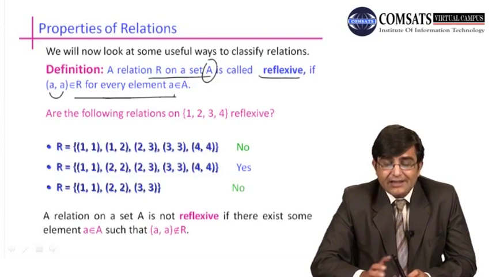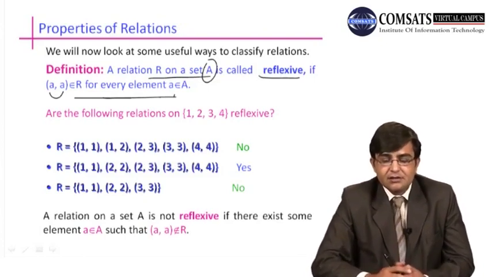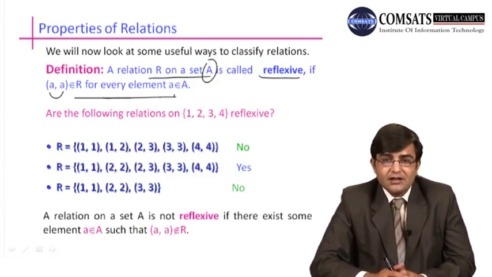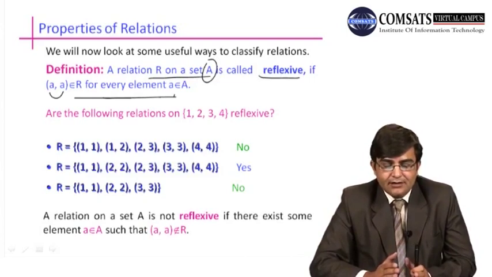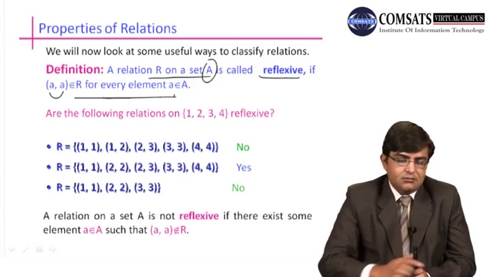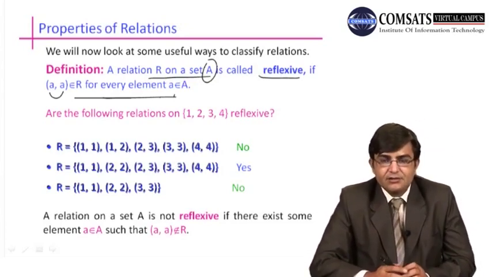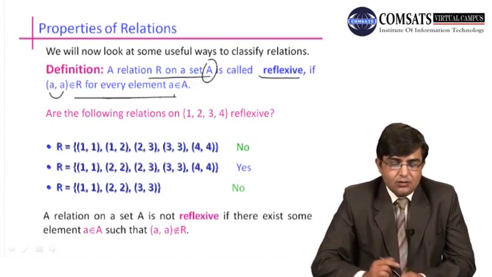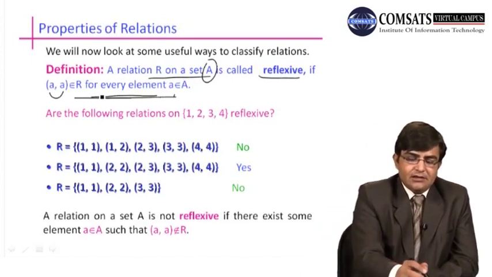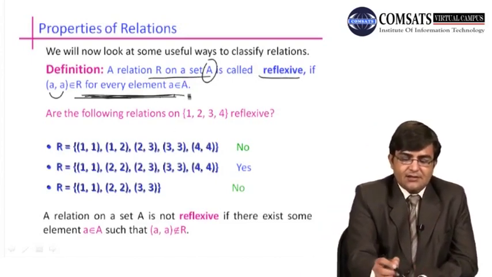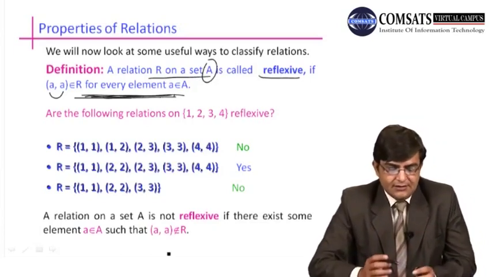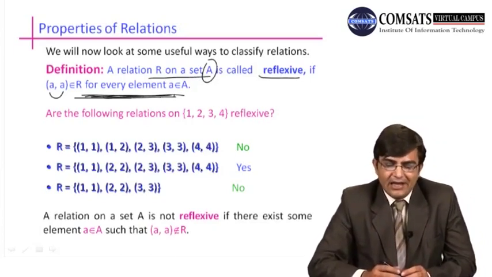If there exists some element in A which is not related to itself, meaning the ordered pair (a, a) is not in that relation, then we say that this relation is not reflexive. So the stress is on this statement: for every element a belonging to capital A.